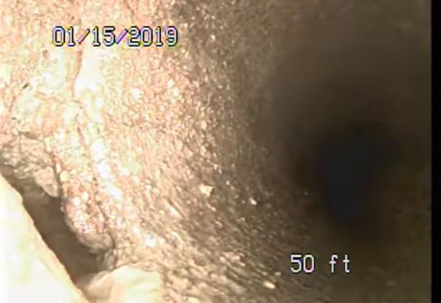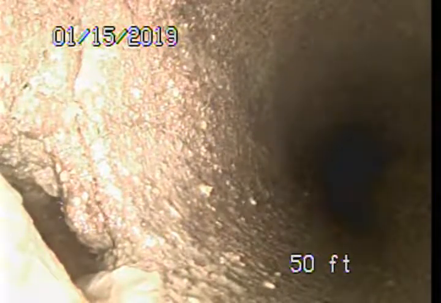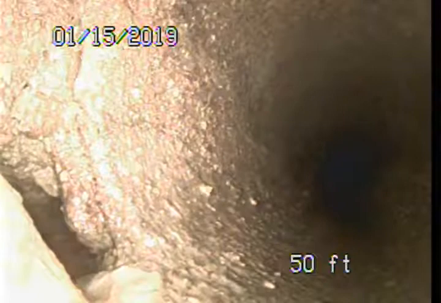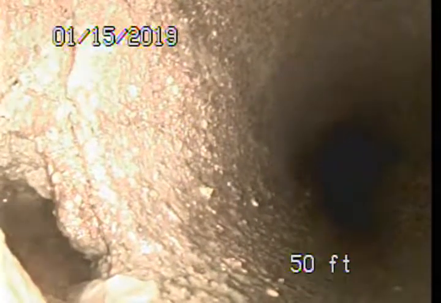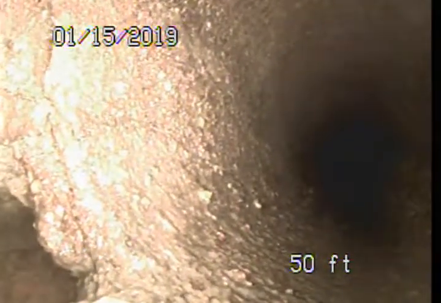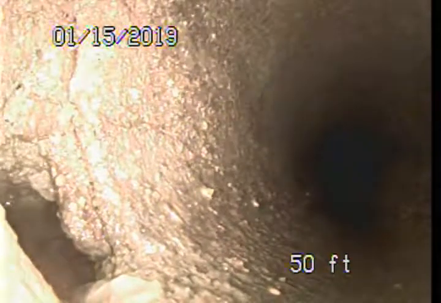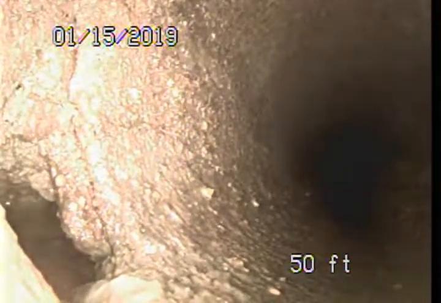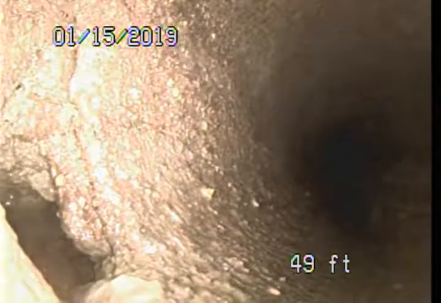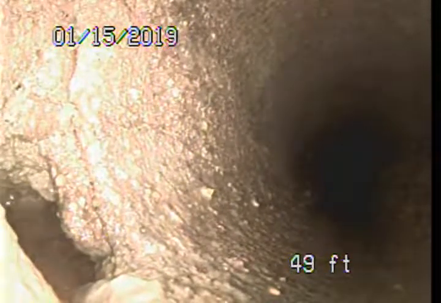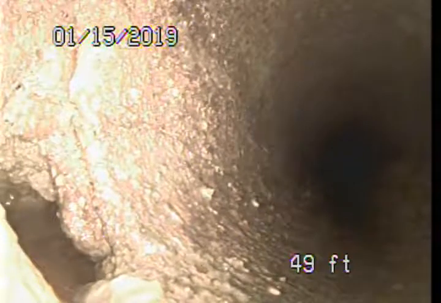Here, located on the left side there, just at 50 feet, that gap is enough that the line is actually pierced. You can kind of see the small void being created on that left side, and it's already in need of some rehabilitation. Now, a lining system may or may not actually be the resolution of this issue.